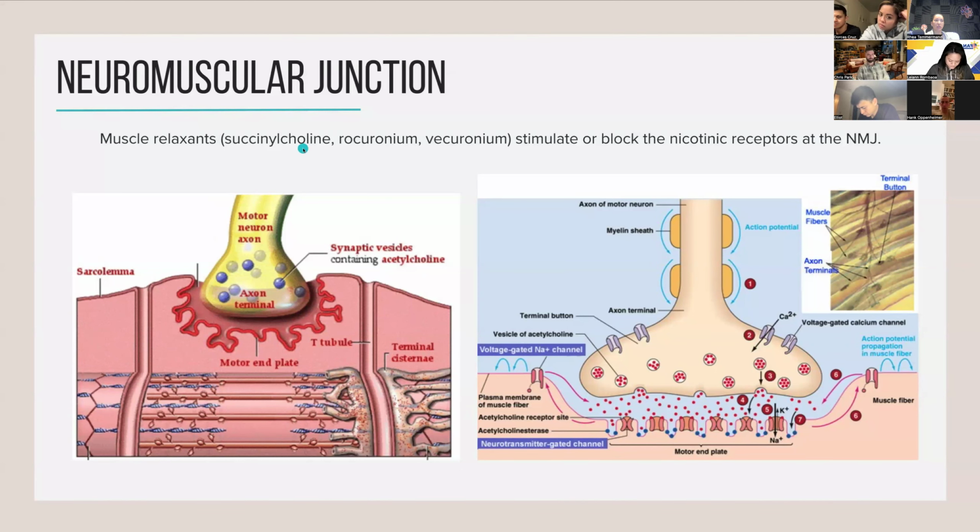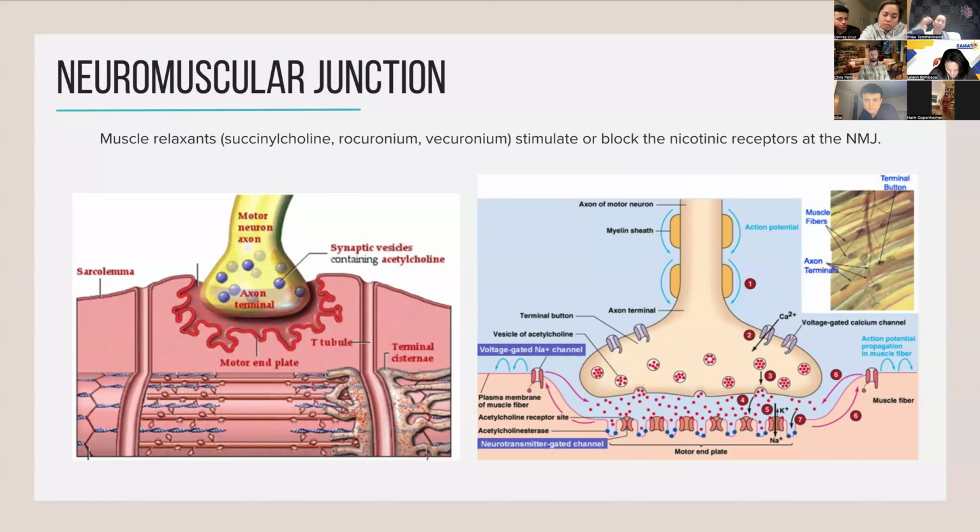Succinylcholine is different. This is called a depolarizing muscle relaxant, and that's when you stimulate the receptor to actually open. The exchange occurs and the action potential occurs. But what's happening here is that there's no enzyme within the neuromuscular junction itself to break down succinylcholine right away, like there is for acetylcholine.